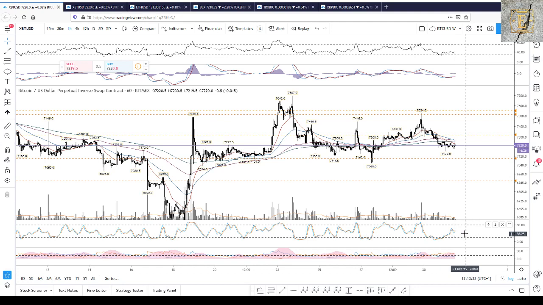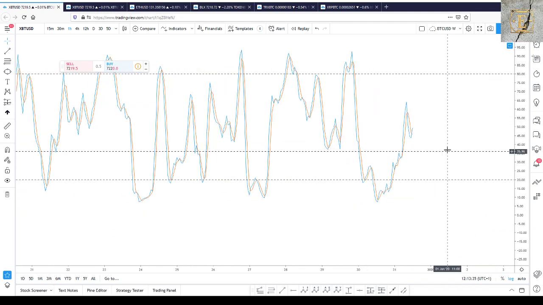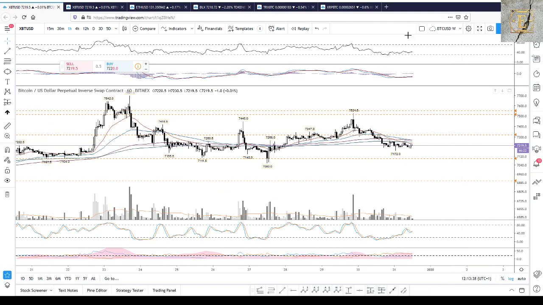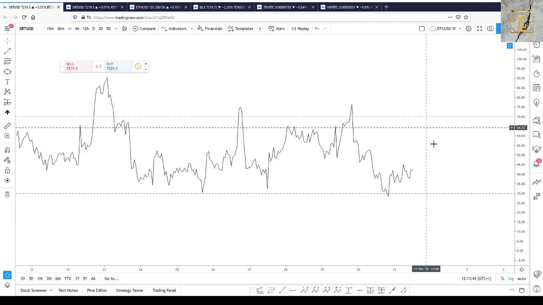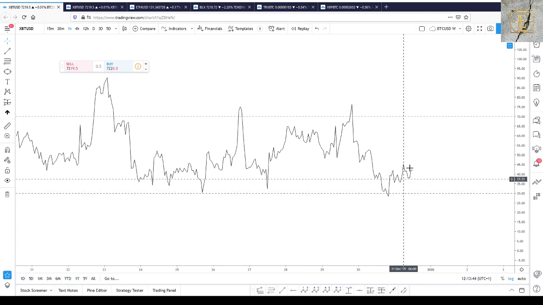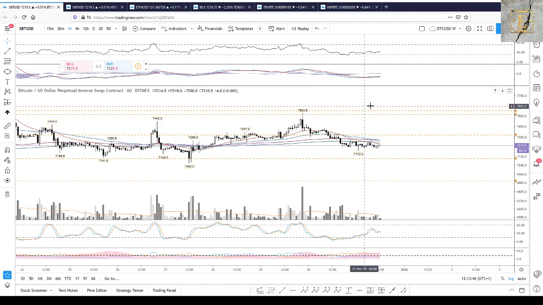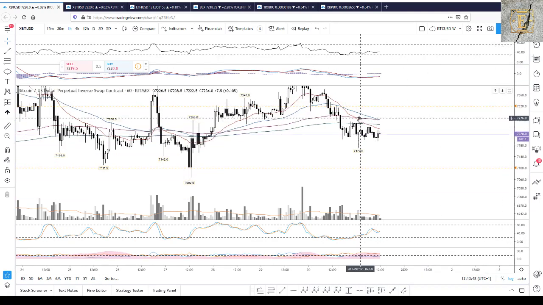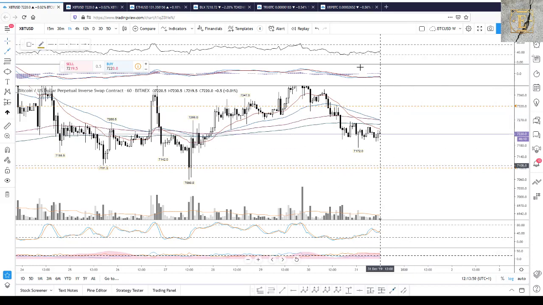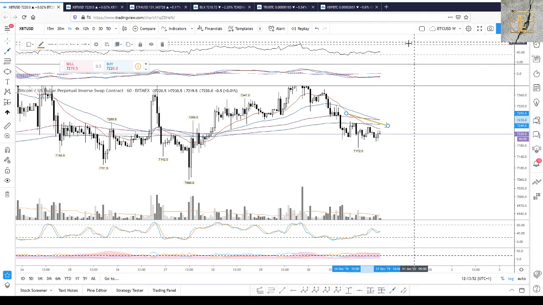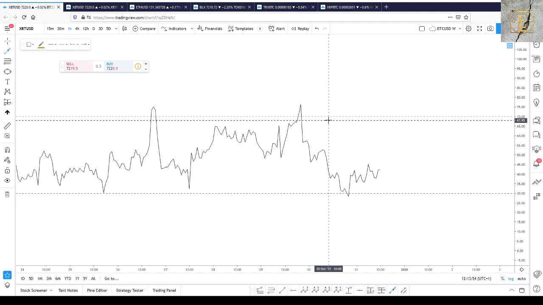Here, kind of neutral over there. And when looking at this, we have here a higher high. And we've got here, oh, poor bulls.